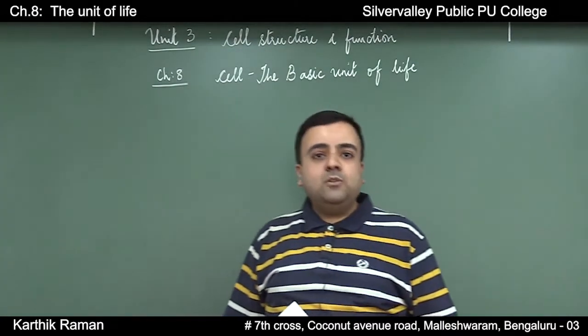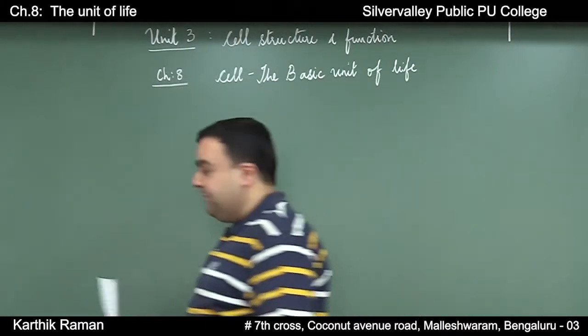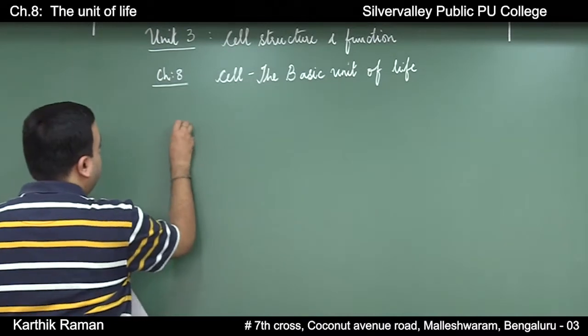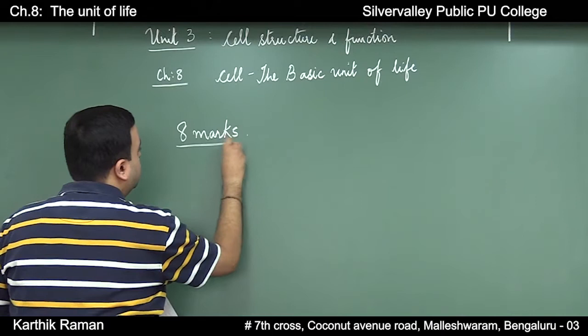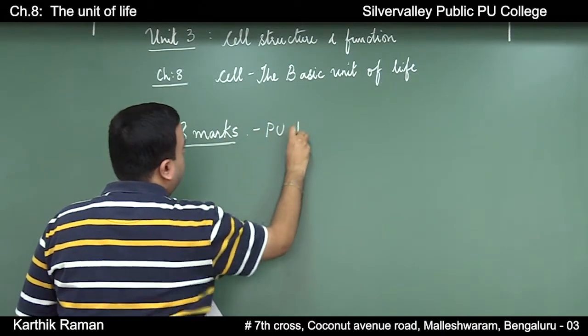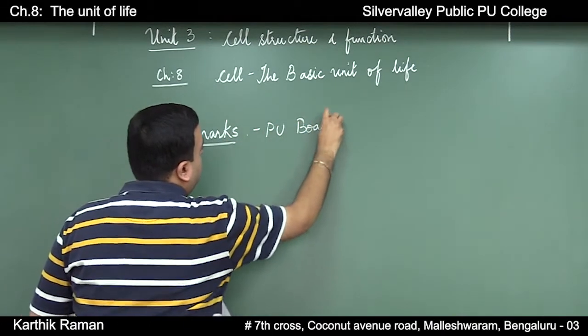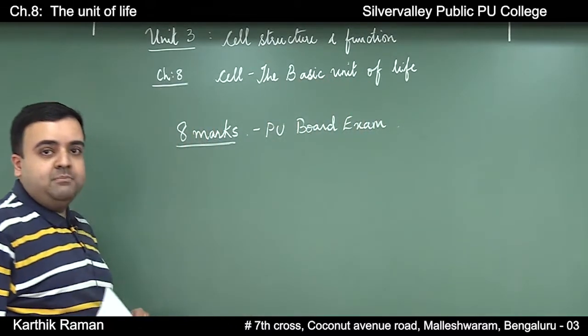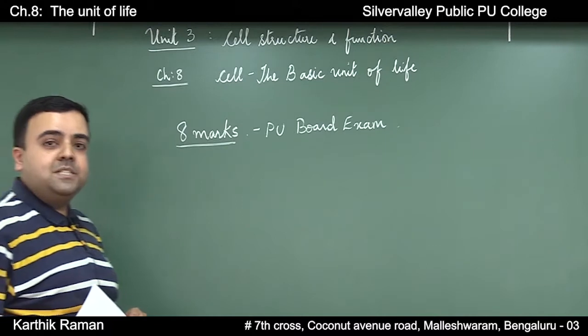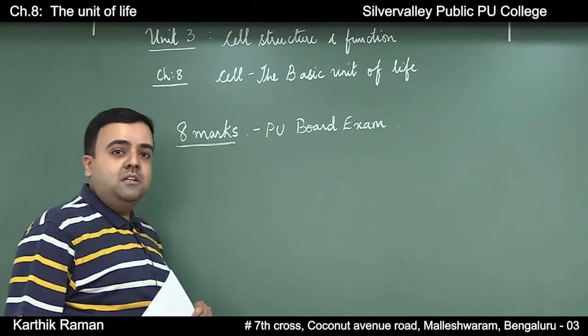So for the PUC board exam, this chapter carries a weightage of total 8 marks. So this is for the PU board exam. So roughly about 12% of your total marking.